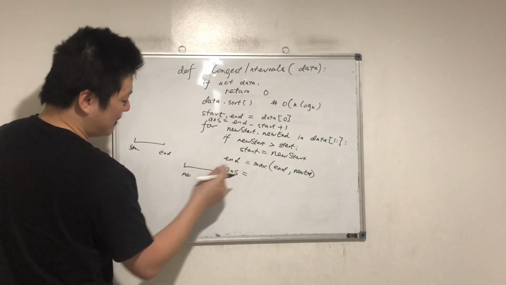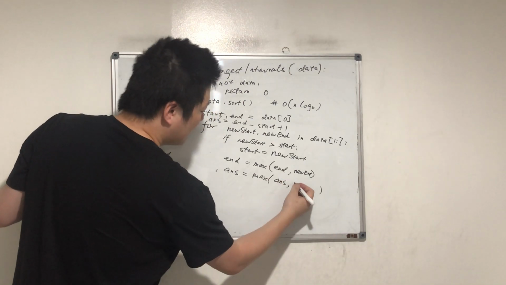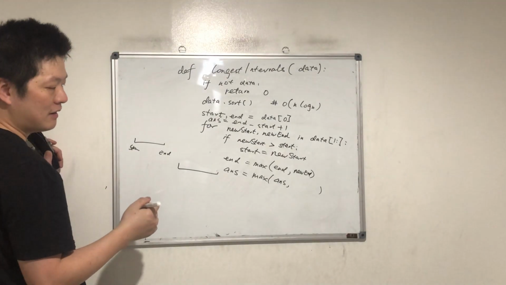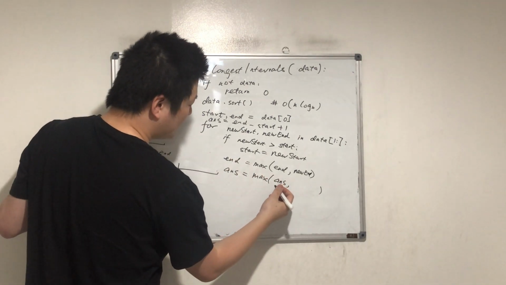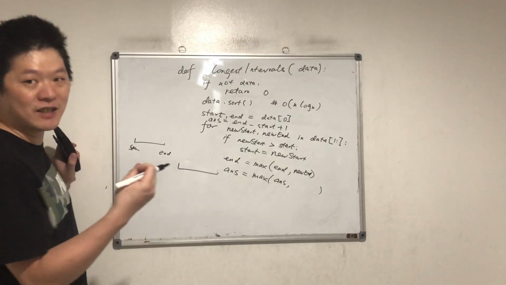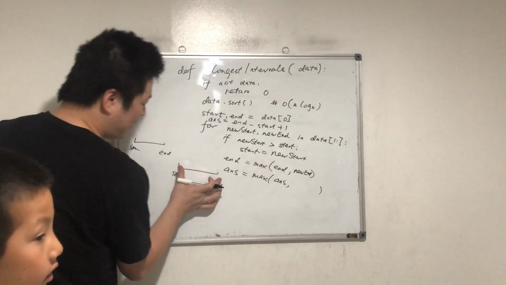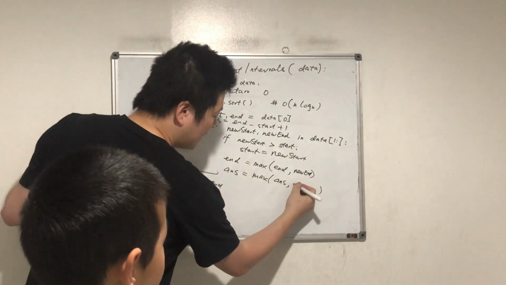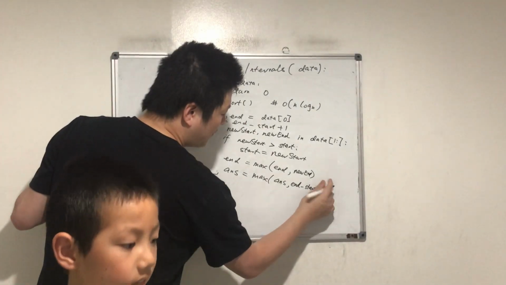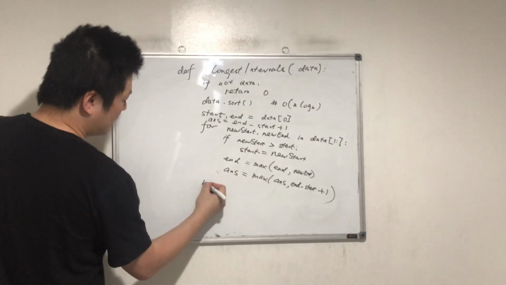So answer equals max of answer and the new length, which is end minus start plus 1. Then return answer.